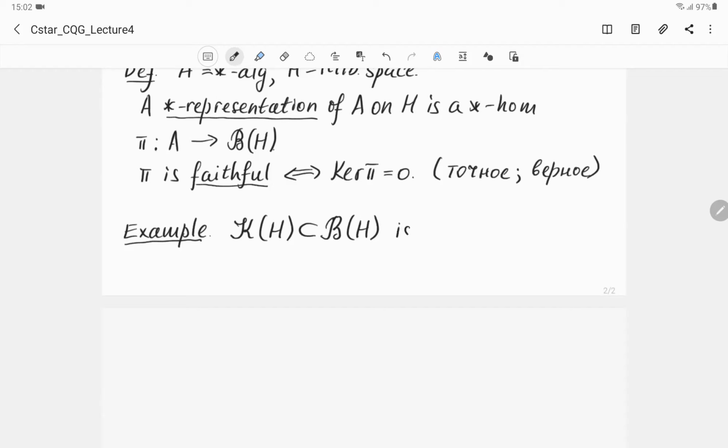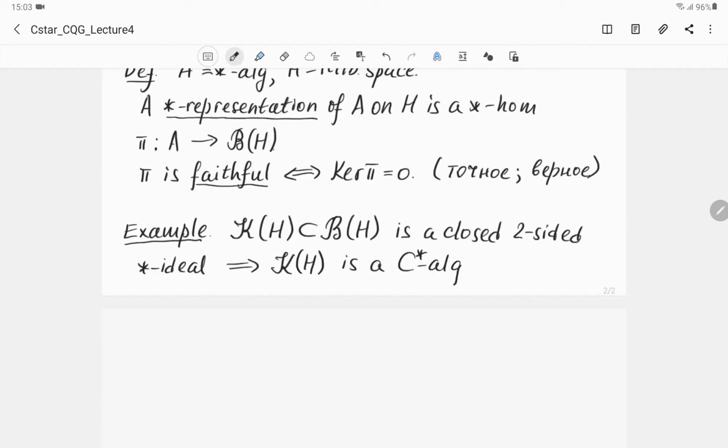So it is a closed two-sided star ideal. So this implies that it is a C-star algebra, which is not unital unless H is finite dimensional. If H is infinite dimensional, then of course K(H) is not unital.